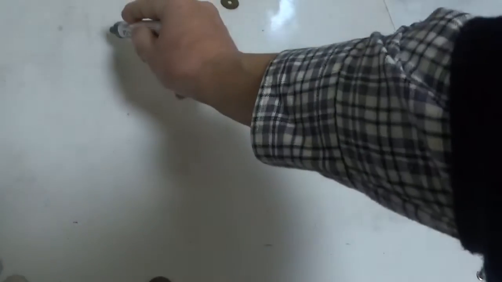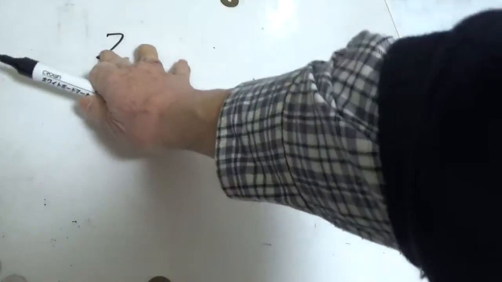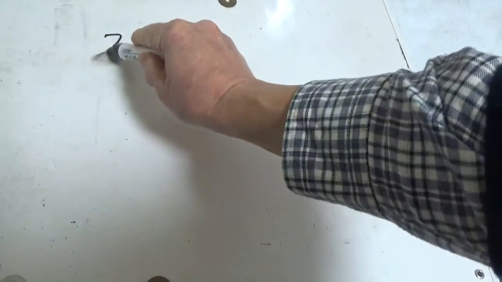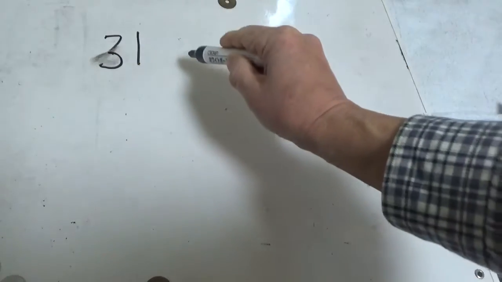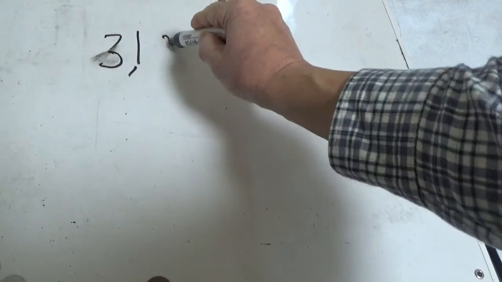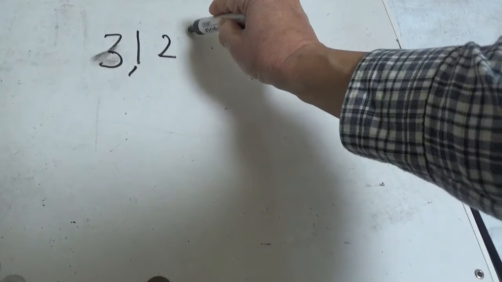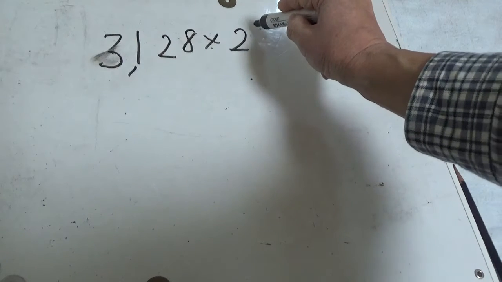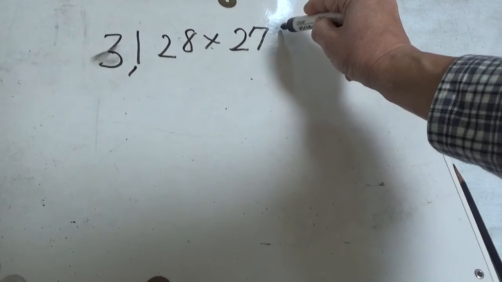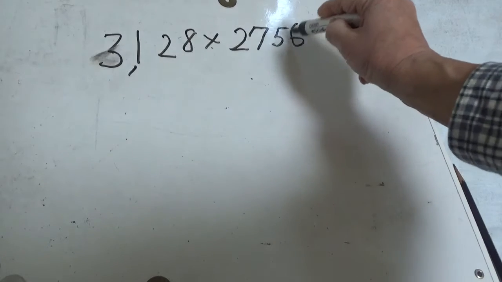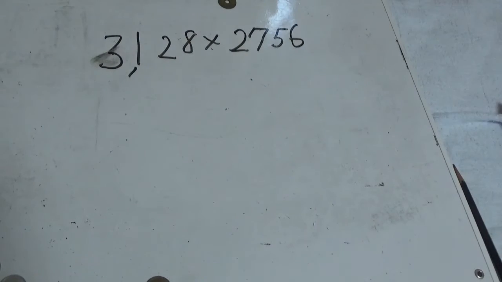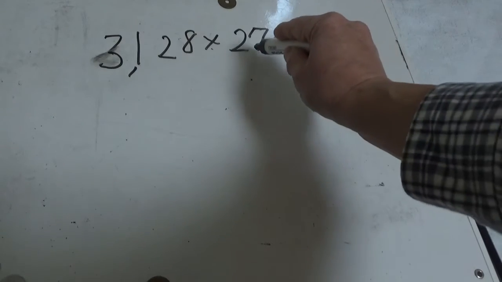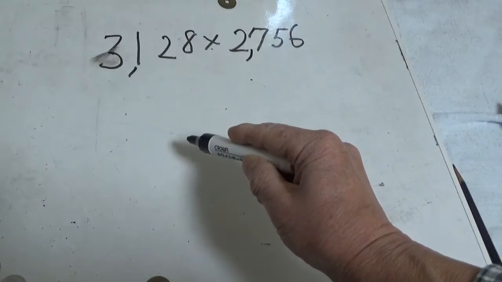Let's rough estimate 3,128 multiplied by 2,756.